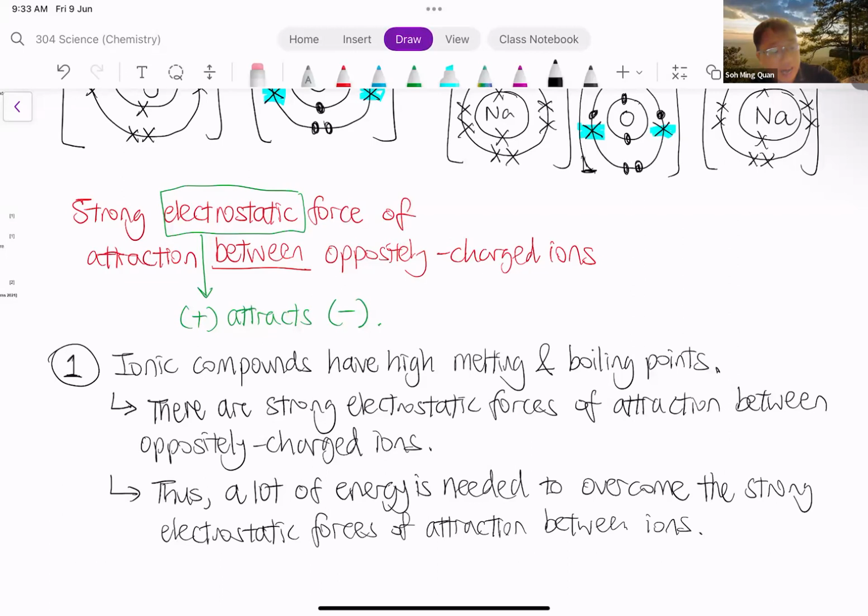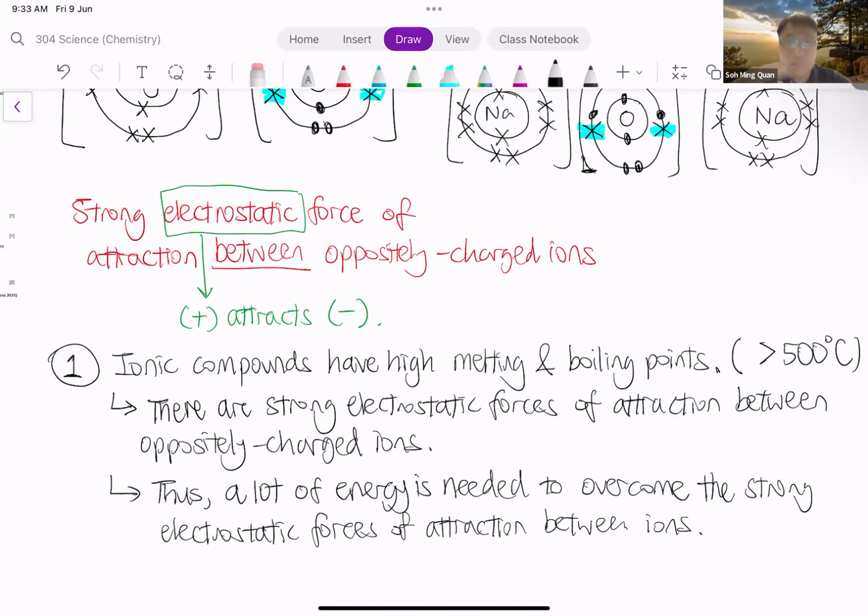Now, how high is high? Something above 500 degrees Celsius is considered high. So typically, ionic compounds will melt at temperatures above 500 degrees Celsius. For example, magnesium oxide, which you drew just now, melts at 2000 degrees Celsius. It's very high. So can we just check that you have this concept?